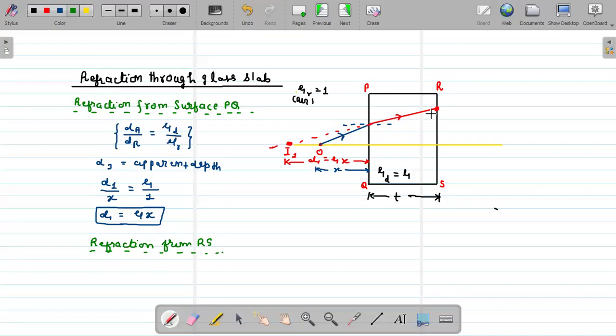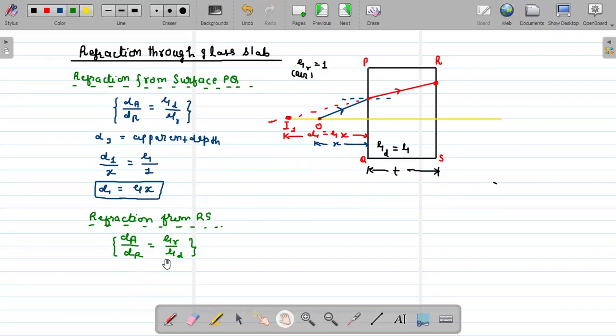This incident ray is in a denser medium, so I consider that the object is in a denser medium. When the object is in a denser medium, the formula for the apparent depth is dA divided by dR is equal to mu r divided by mu d. So this is the formula for apparent depth when the object is in a denser medium.